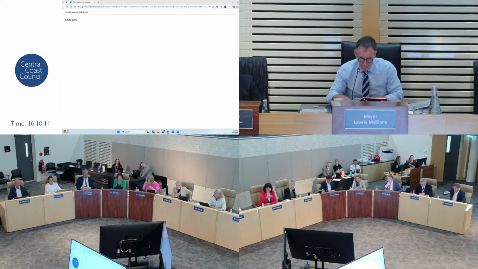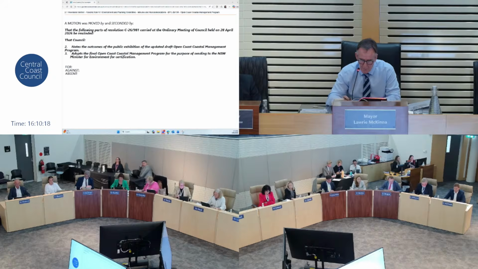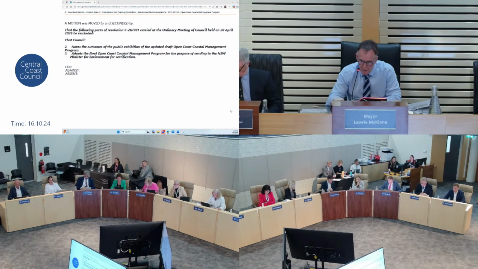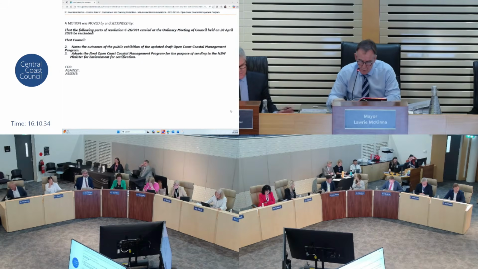Thanks. Item 2.1, rescission motion, EPC 26158, Open Coastal Management Programme. Councillors, I've had a rescission motion submitted on an item from last week's council meeting, EPC 26158, Open Coastal Management Programme. The rescission motion is signed by Councillor Lamont, Councillor Smith and Councillor Walsh.